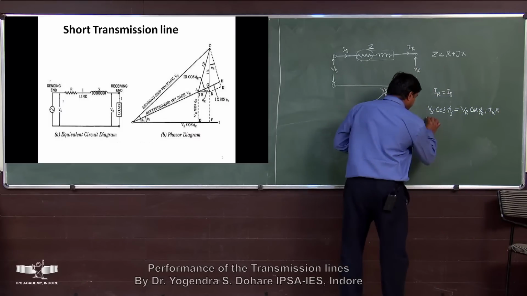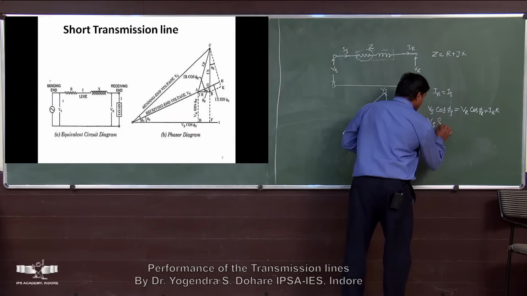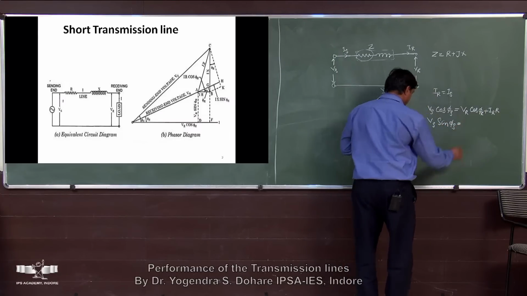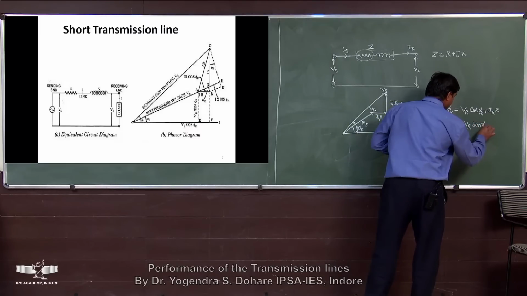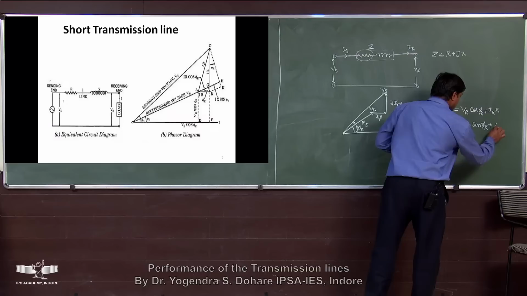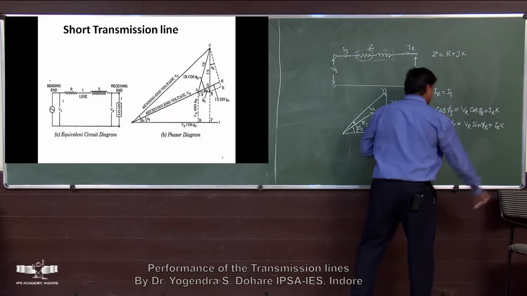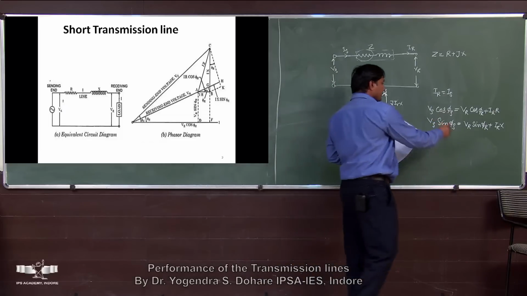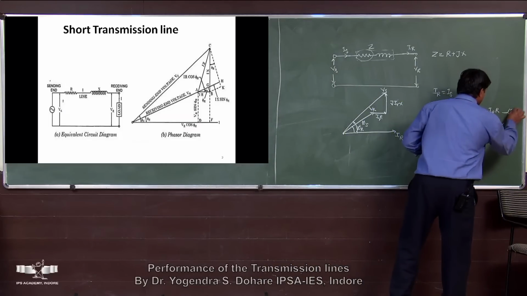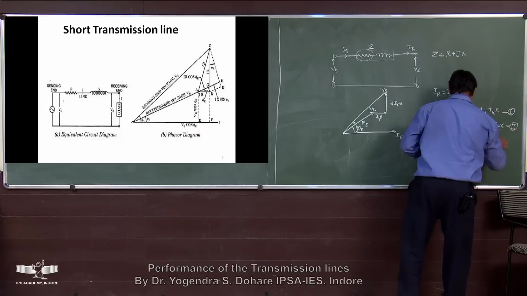The next equation is Vs sin phi s equal to Vr sin phi r plus IR into X. So these are equation number 1 and equation number 2.